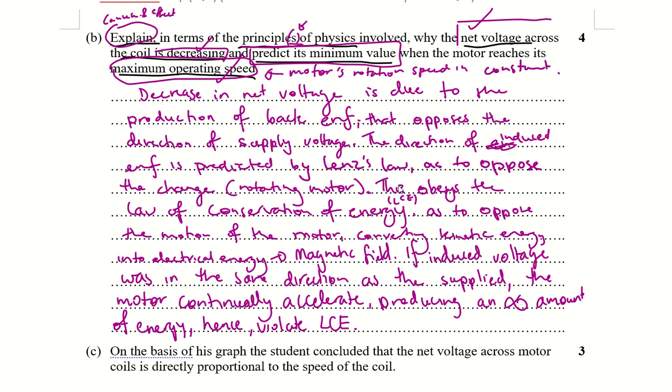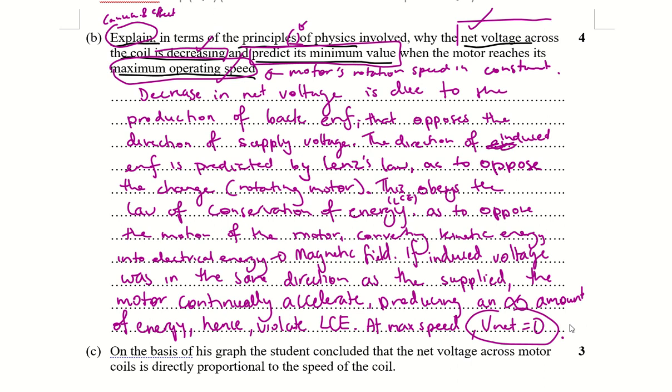Okay. Now the question is, what's the minimum value? So the minimum value, so at max speed, we are predicting net voltage is going to equal 0. Okay, and that answers the question for us. We want to firstly go through the explanation, we want to make our prediction, and then we want to do an explanation of why the net voltage is decreasing, like so.